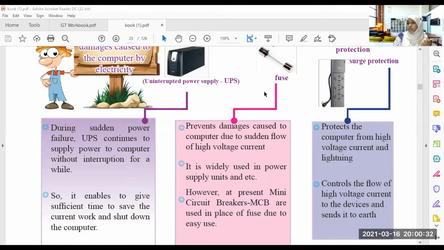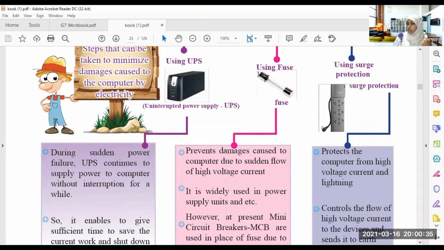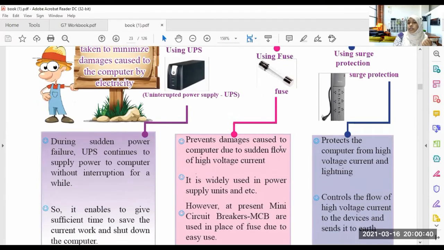Next one, we can use the fuse. These are fuses, if you have seen them. A fuse prevents damage caused to the computer due to a sudden flow of high voltage current. When a high voltage current is supplied to your device, your computer can be damaged, right? But if you use a fuse, the current goes to the fuse first. Then the fuse will get damaged, not your computer.